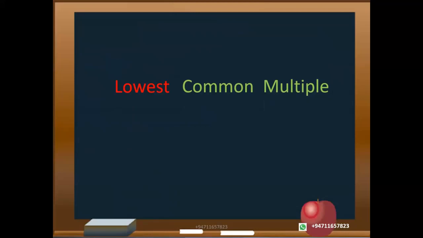Then we are going to learn what is LCM or lowest common multiple. It is very simple. That is, out of the common multiples, which one is the lowest? That is what lowest common multiple or LCM is. Let me explain.